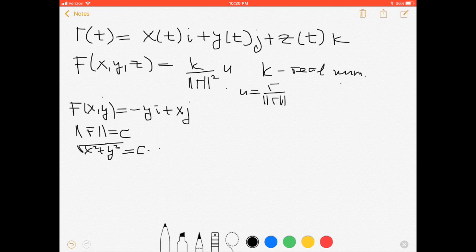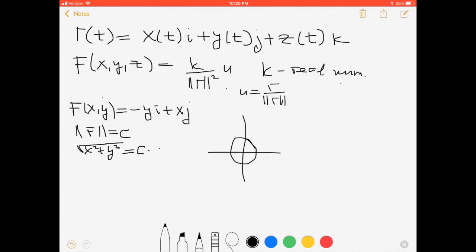This means the vectors have the same length if our points stay on one circle with one radius. Let's say the radius equals 1.